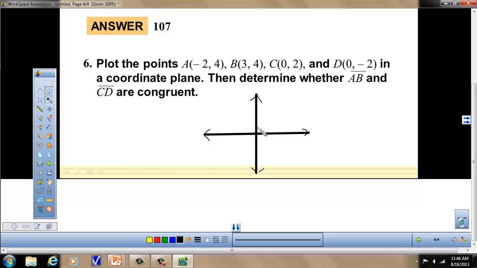Again, I'm going to go 4 in each direction. 1, 2, 3, and 4. 1, 2, 3, and 4. And we've got -2, 4. Here's A right here. And 3, 4 here. Here's B. Connect the dots.